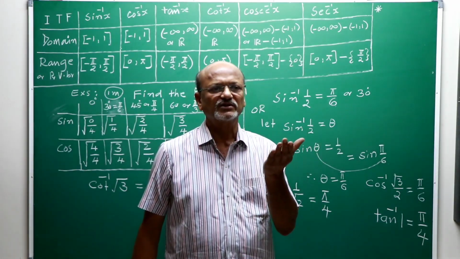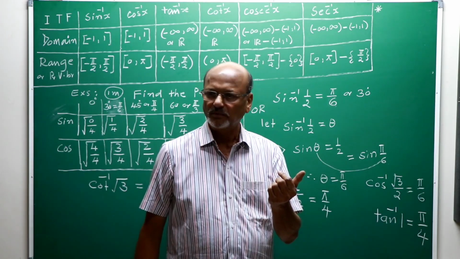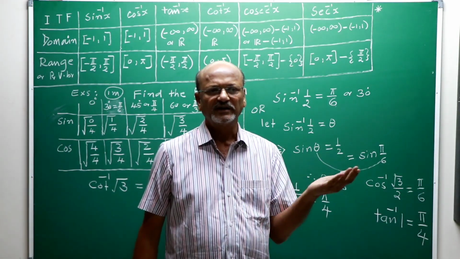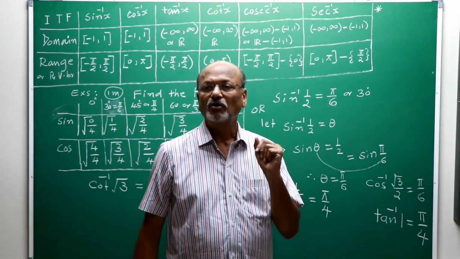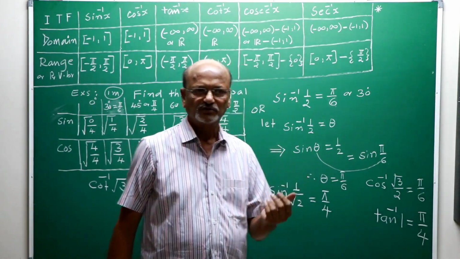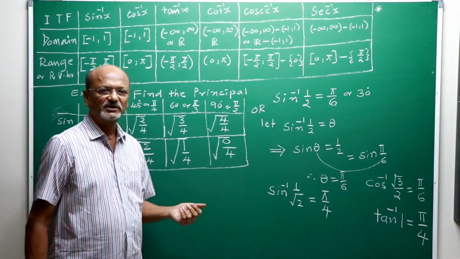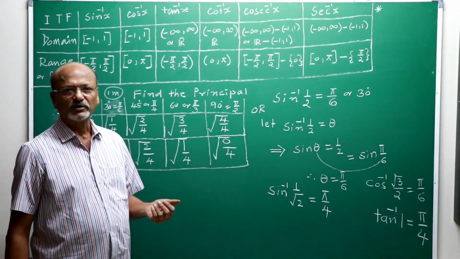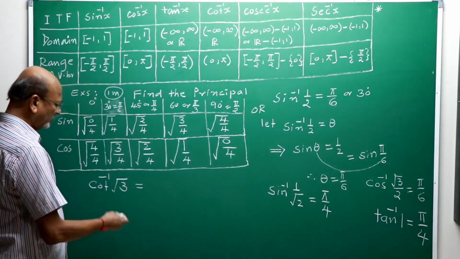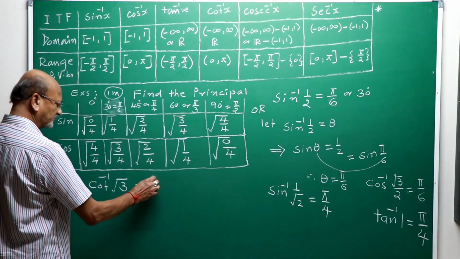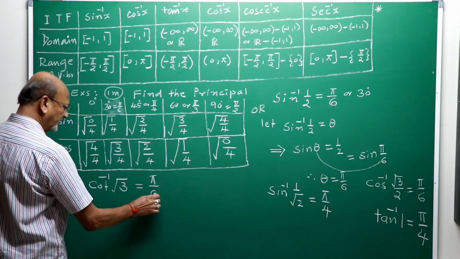If you take the inverses, tan inverse 1 by root 3 is 30 degrees, tan inverse root 3 is 60 degrees. But for cot inverse, reciprocal, cot inverse 1 by root 3 is the big angle, 60, and cot inverse root 3 is the small angle, which is 30. Is it correct? My friends, this is 30 degrees in terms of radians.